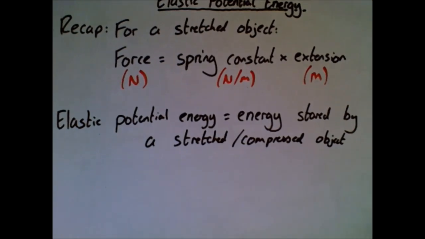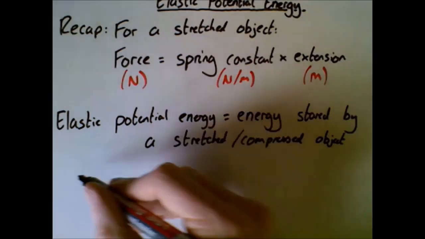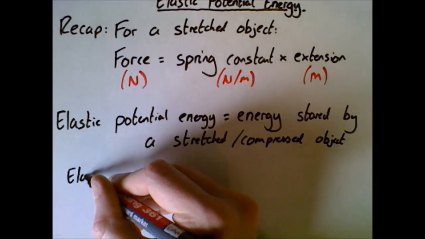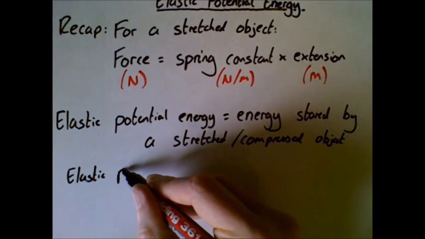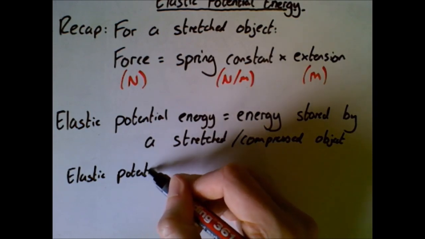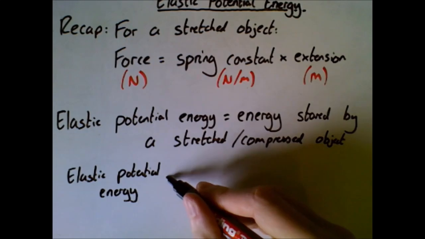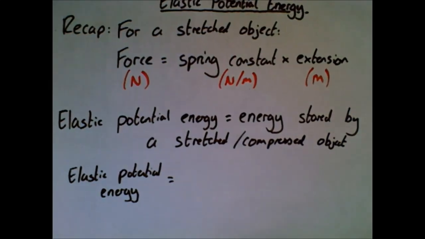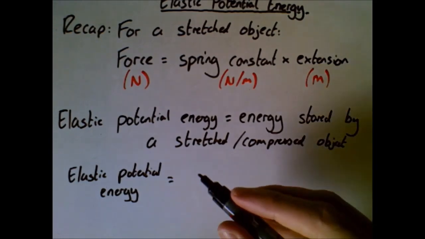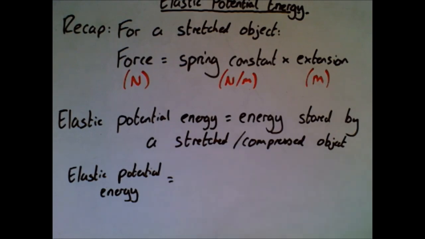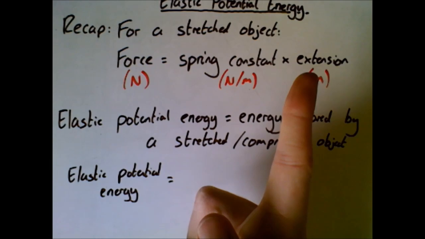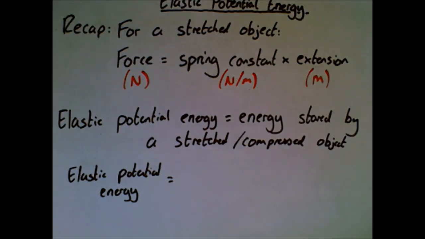Okay, right. Let's look at our formula then. Elastic potential energy equals. Now, the format of this is almost identical to the kinetic energy formula. So in terms of the maths and how you work stuff out, it's pretty much the same as kinetic energy. So if you remember, kinetic energy was half times mass times speed squared. If you can't remember that, I will put a link up there to the video that you can go back to.